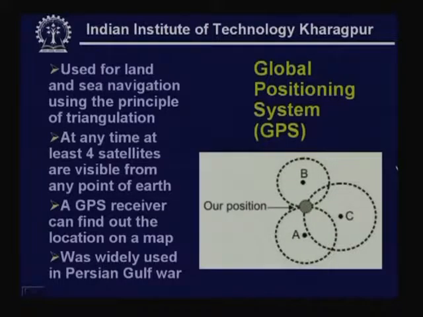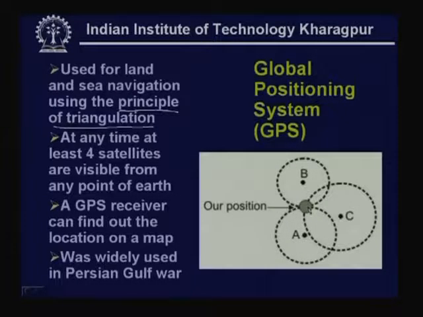This global positioning system is used for land and sea navigation using the principle of triangulation. Here you have 3 known positions A, B and C. These are the 3 positions of satellites, and this is one unknown position.